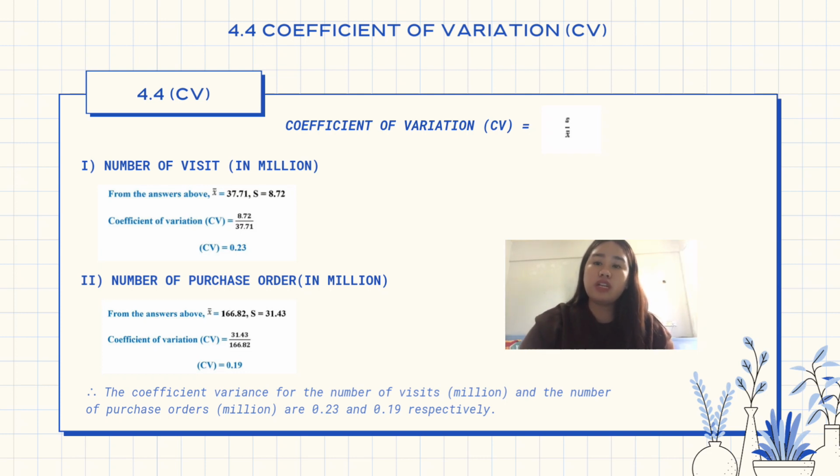The coefficient of variation for the number of visits is 8.72 over 37.71, which equals 0.23. Besides, the CV for the number of purchase orders is 31.43 over 166.82, which equals 0.19. In conclusion, the coefficients of variation for the number of visits and the number of purchase orders are 0.23 and 0.19 respectively.